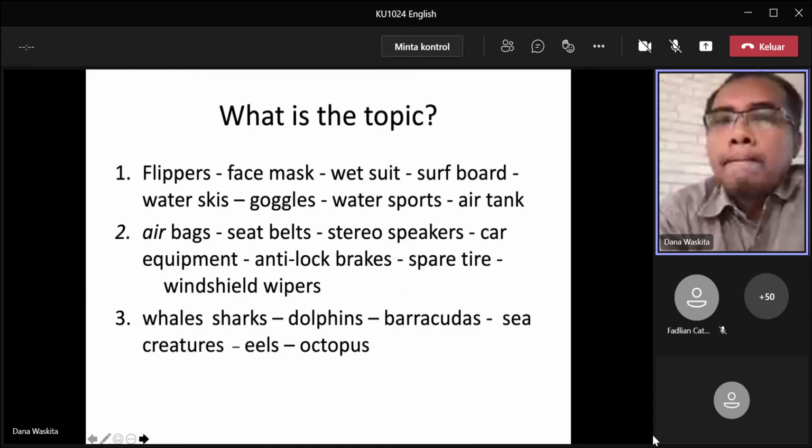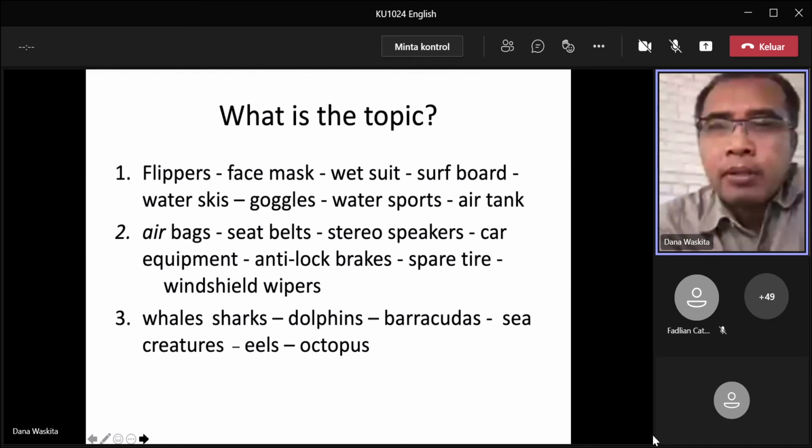Each word can represent the topic or the keywords of a sentence. Number one, for example: snorkel, face mask, red shirt, surfboard, water skis, goggles, water sports, and so on.